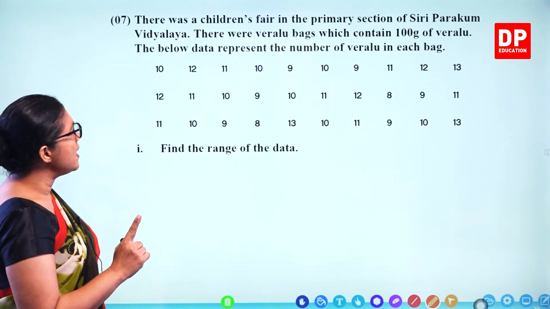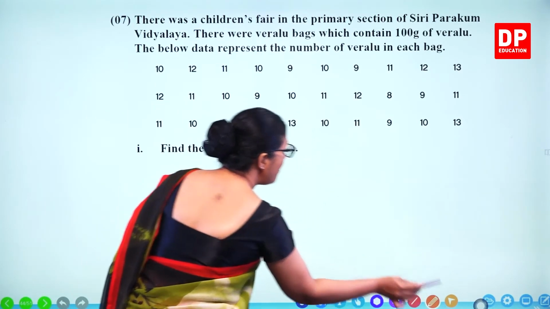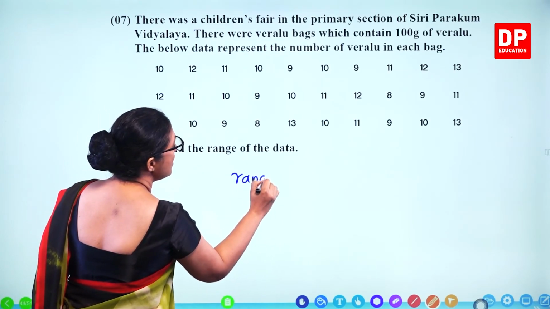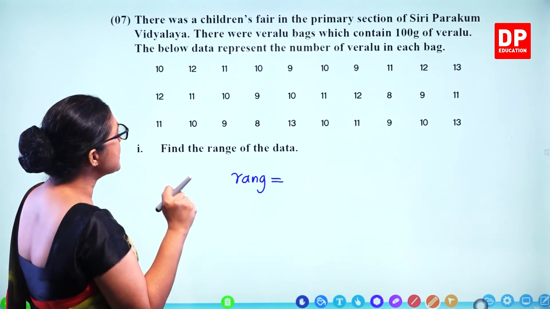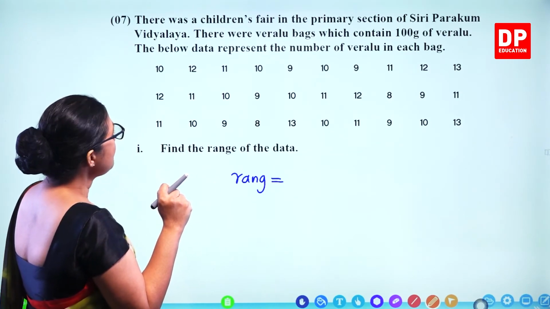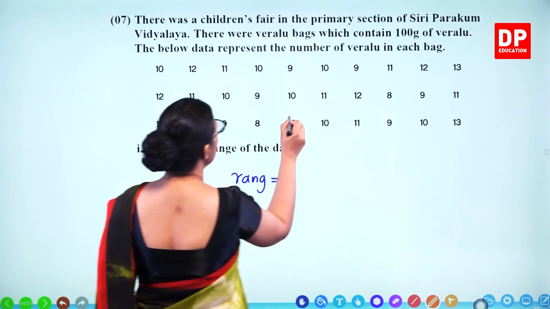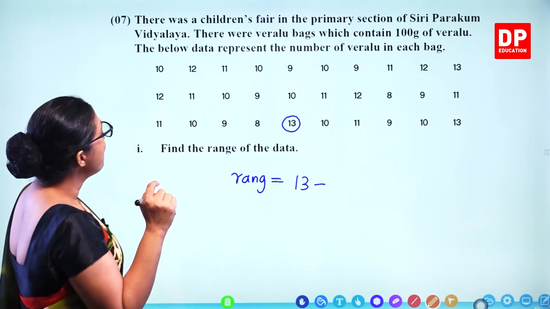So range means the difference between the maximum and the minimum. Range is maximum minus minimum. So we have to identify what's the maximum. Is that 13? 13 is the maximum. And what's the minimum?